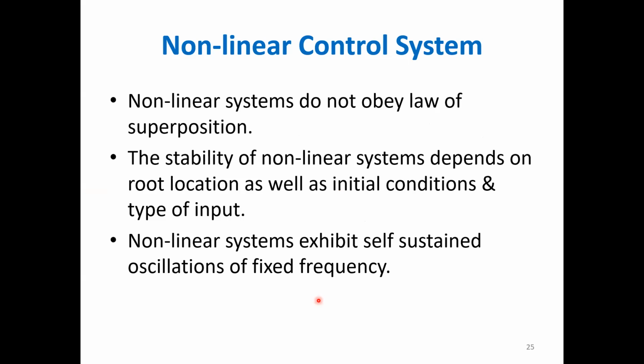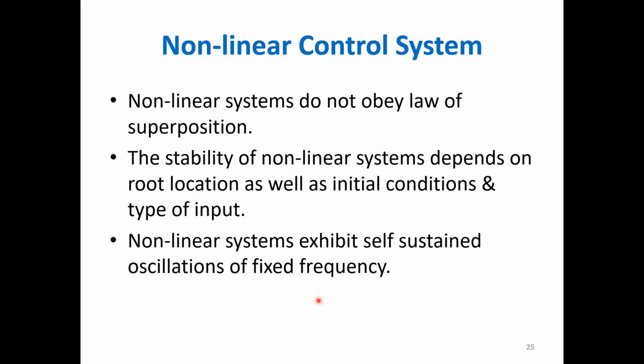These are the properties of the nonlinear system. Root location, we will go to those things later, when we see chapter 6, I think. Then we'll see the stability as well as the root location.